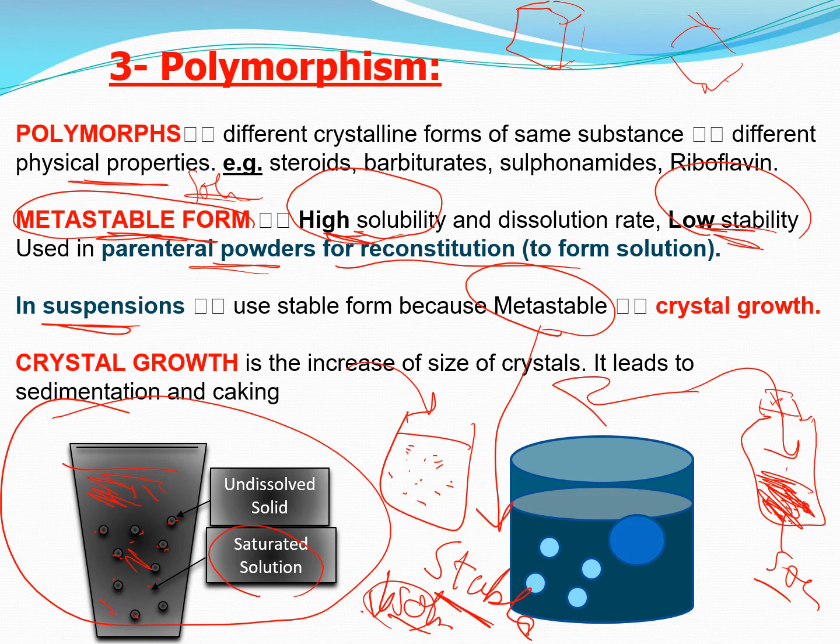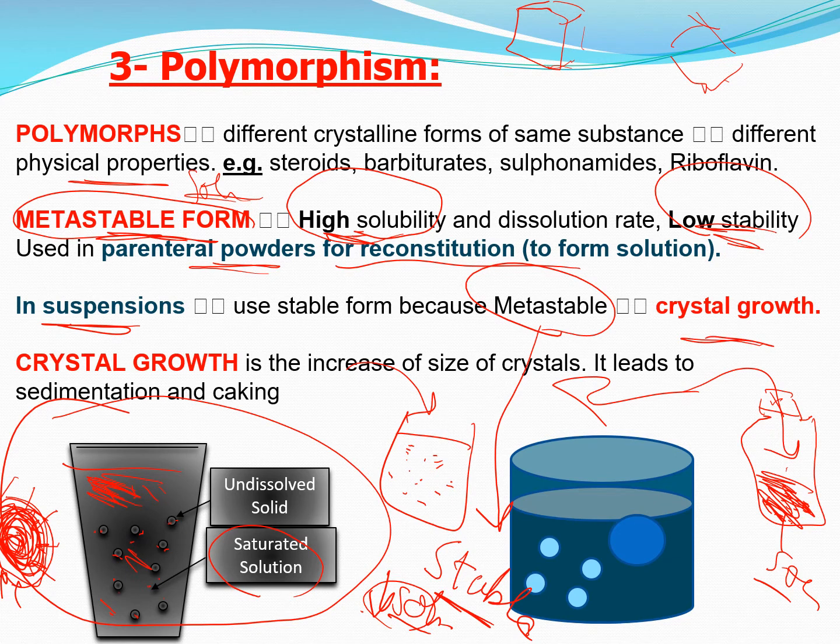So with time, this dissolved active ingredient will precipitate over the powder which is present already. This particle will act as a nucleus, and when the metastable changes to stable, some active ingredient will precipitate over the crystal which is present already. So this powder or this particle will increase in size. That's called the crystal growth.